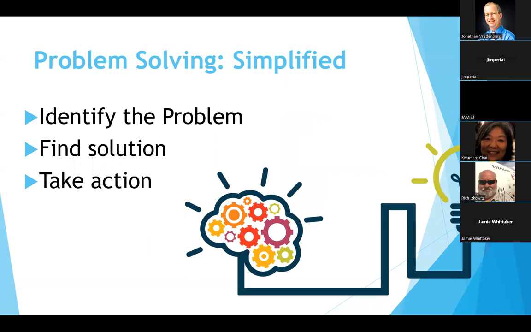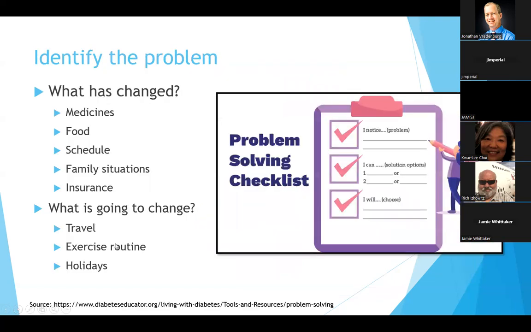So problems can be big or small, they can be new or old, they can be short term, they can be long term, they can take on a variety of aspects when we look at all the natures of problems with diabetes self-care. But basically, on a step-by-step basis, the first step is identifying the problem. We have to figure out, okay, what's changed? What's going on?